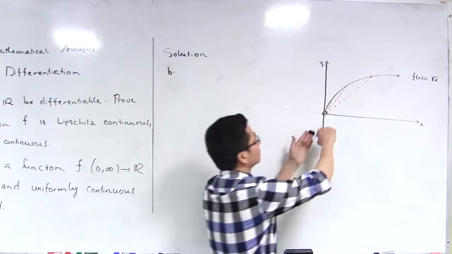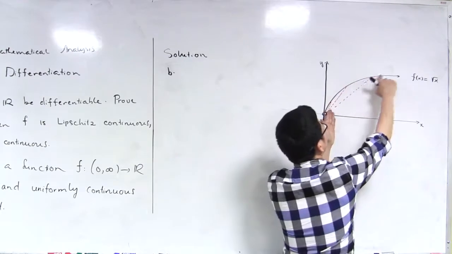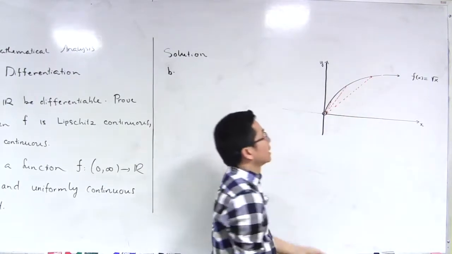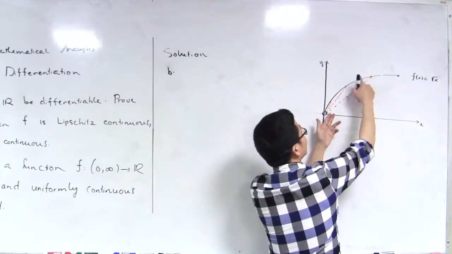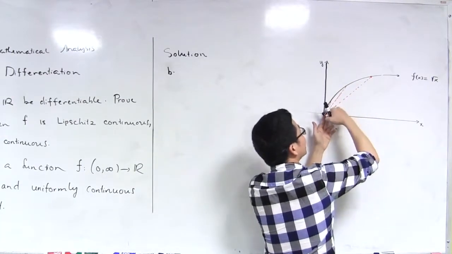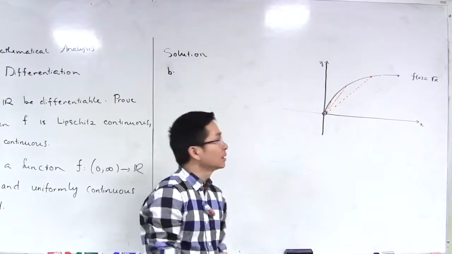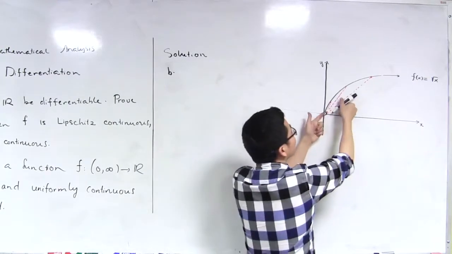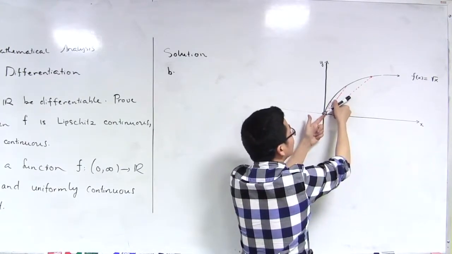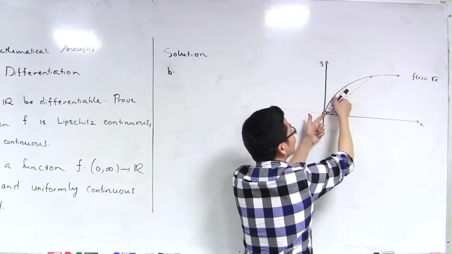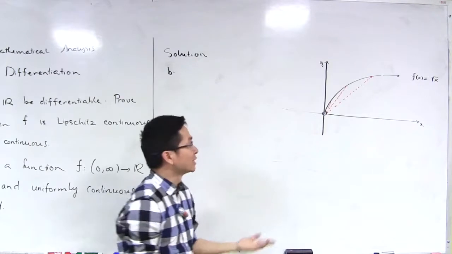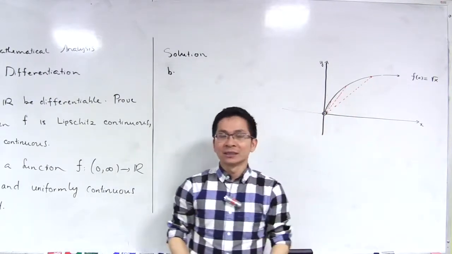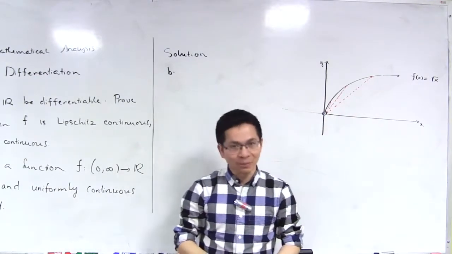Let's look at the graph of a function here. We observe the following property. As this point is getting nearer and nearer the origin, the slope of the secant line connecting the origin and that point is getting bigger and bigger. So we can show that for such a function, the derivative of the function cannot be bounded.